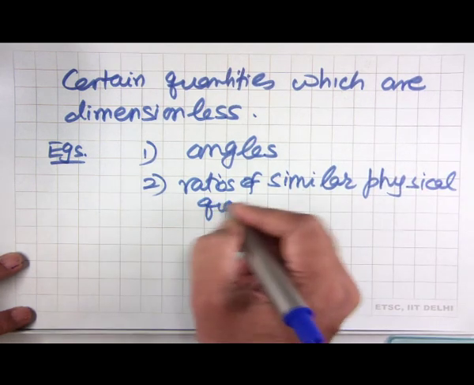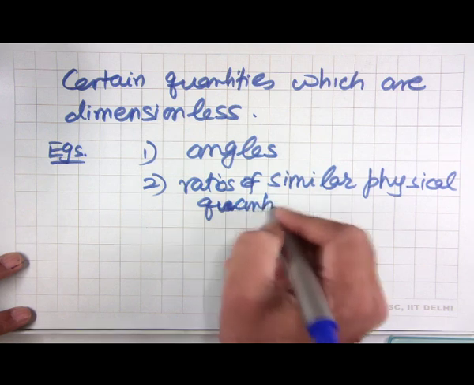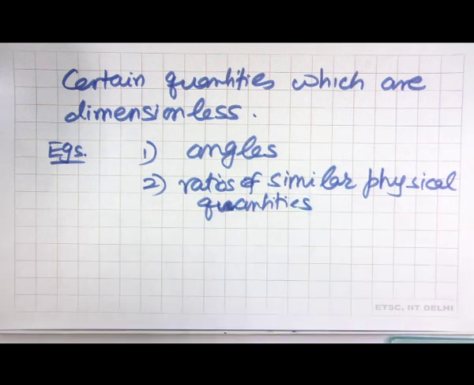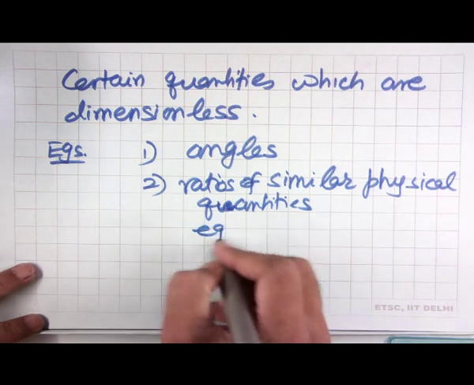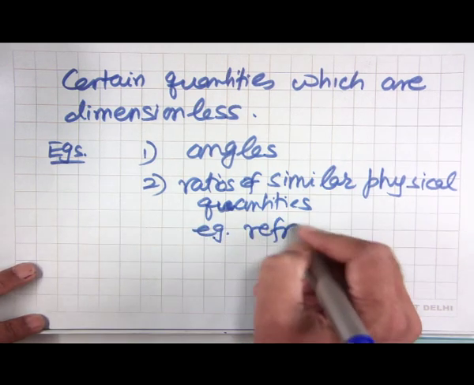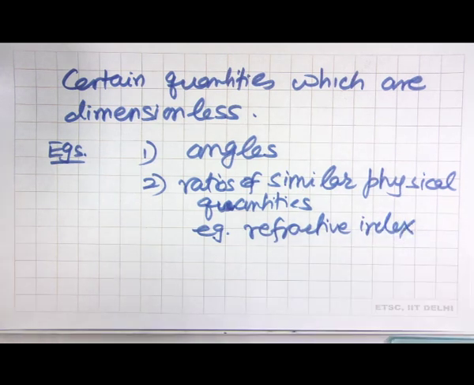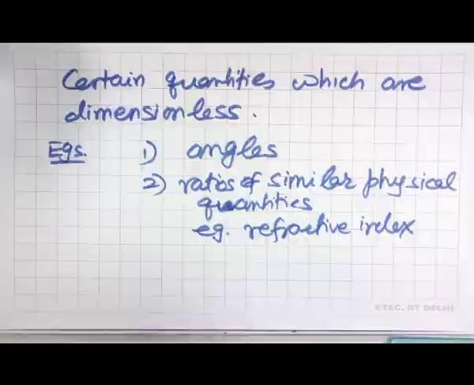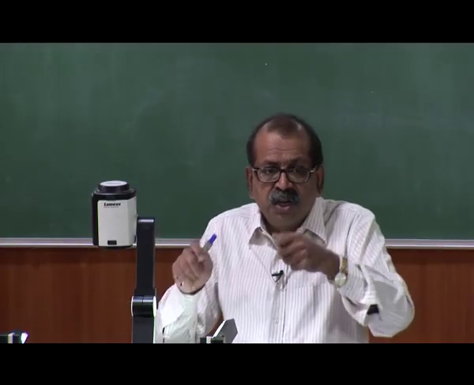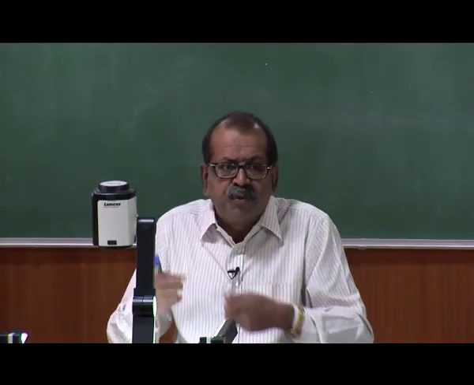So, if you divide one quantity by the other which have same dimensions, the resulting quantity will be dimensionless. An example of this is the refractive index. The refractive index, when you calculate this, is dimensionless because it is the ratio of the distance travelled by light in two different media. So, therefore, this will be a dimensionless quantity.